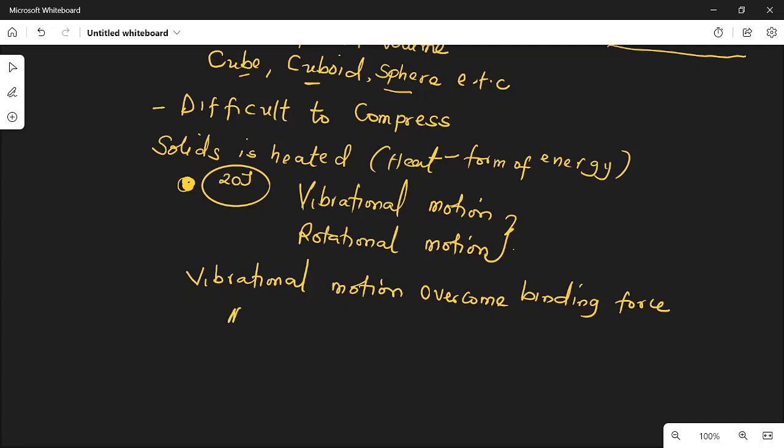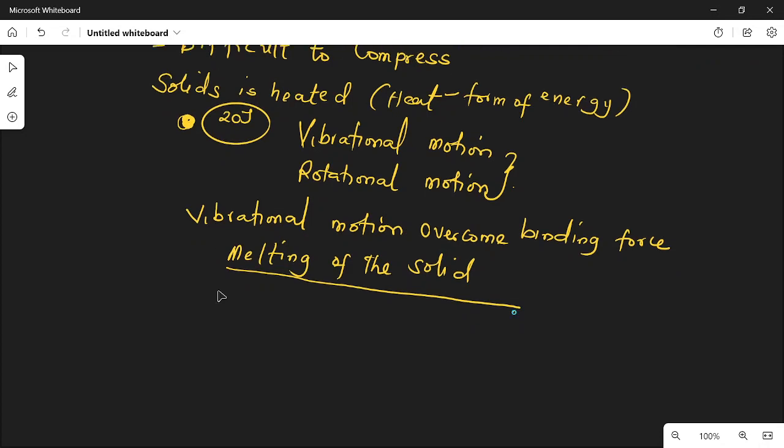When that happens, the solid melts. So I can define the melting point of a solid as the point at which the vibrational motion increases and overcomes the binding force.